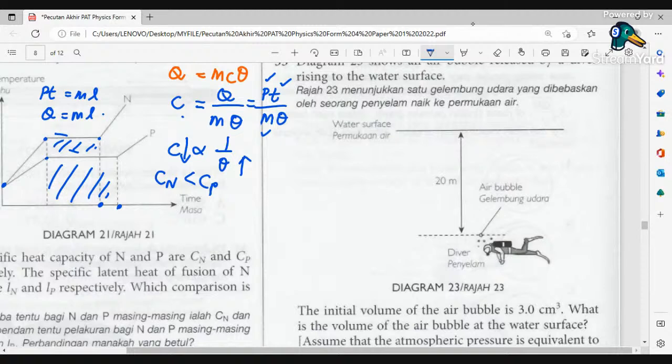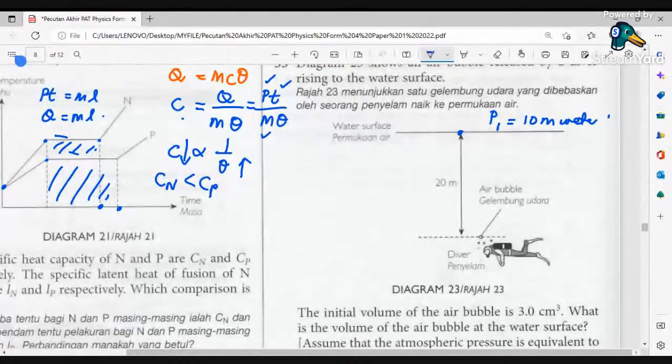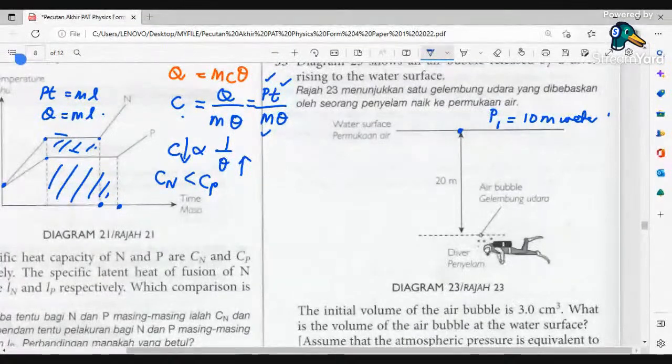At the surface here, so we can say this is P1, 10 meter water. V1, volume of bubble at water surface, we don't know.